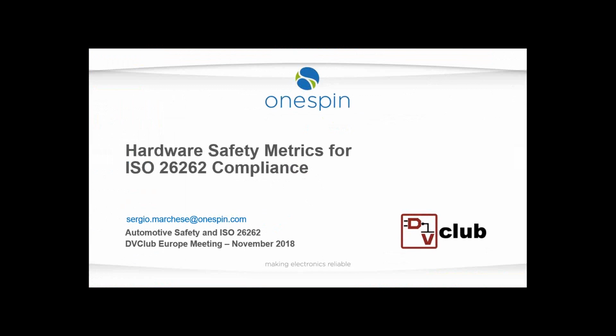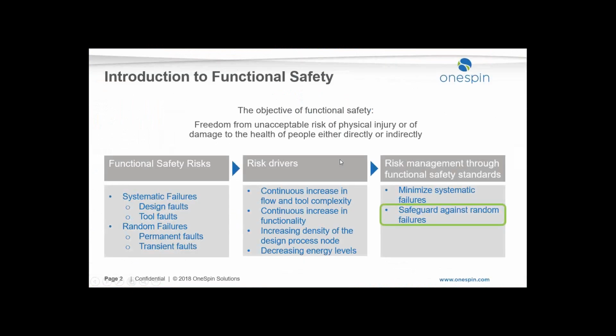Hi, everyone. So, yeah, another presentation on safety, and in particular on hardware safety metrics for ISO 26262 compliance. Okay, so introduction to functional safety. I think you already heard quite a lot about this. So the objective of functional safety is the freedom from unacceptable risk of physical injuries and so on and so forth.